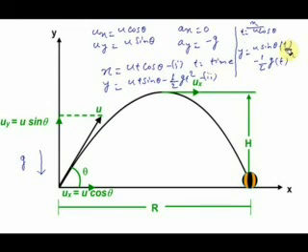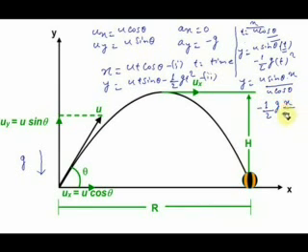We can put the value of t as x by u cos theta, so y will be equal to u sin theta into x by u cos theta minus half g into x by u cos theta whole square.